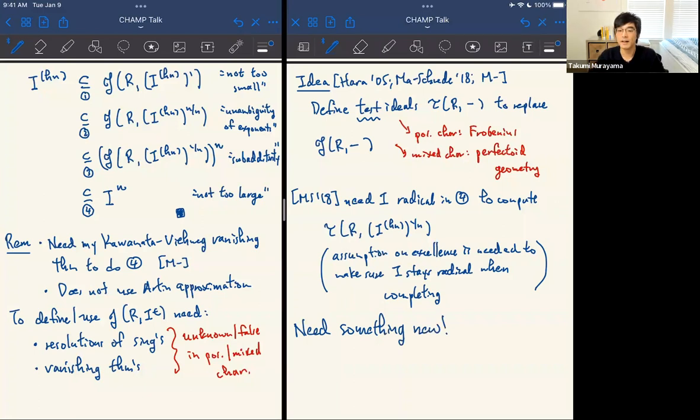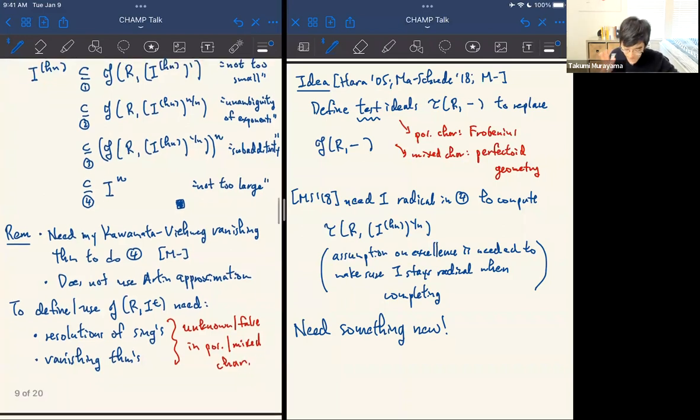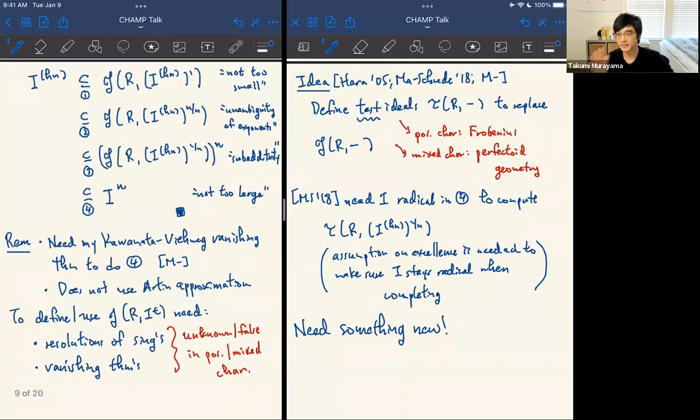Okay. And to tell you what we need to do, let me tell you 2 more things that you actually need about multiplier ideals in characteristic 0 that enable you to prove part 4.